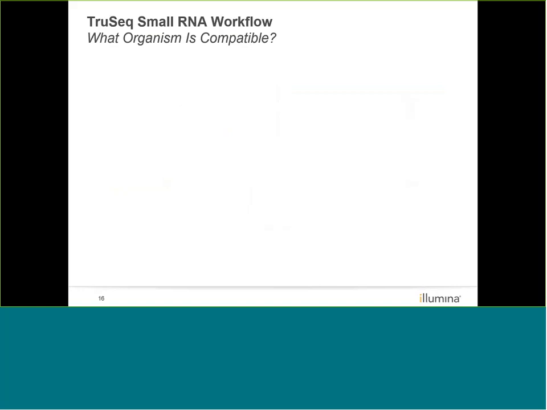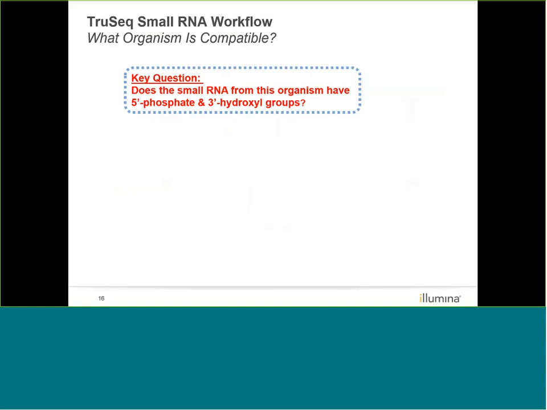The next question people typically ask is, is my organism compatible with the TruSeq Small RNA Kit? Can I use the kit to isolate microRNA or small RNA from my species of interest? Well, you just need to ask one question, and it goes back to the basics of the TruSeq Small RNA Kit. The question is, does the small RNA from the organism that you are interested in have the 5' phosphate and 3' hydroxyl groups?